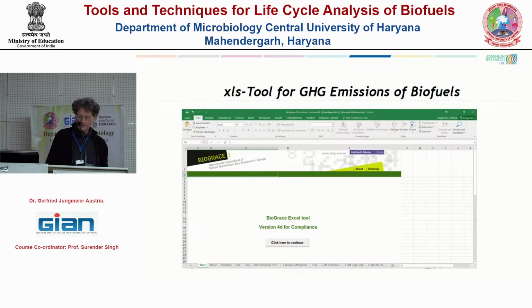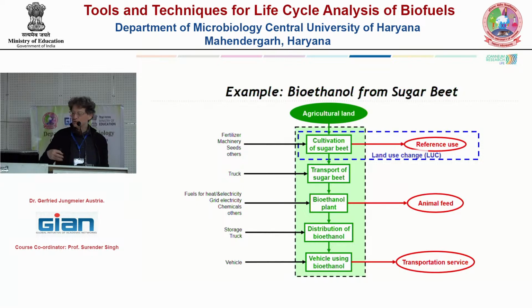So this BioGrace tool is dedicated only to biofuels. And they have the most relevant biofuels, and you can also use data that are already implemented there. And I think this is maybe the easiest way to jump into LCA of bioethanol, for example.